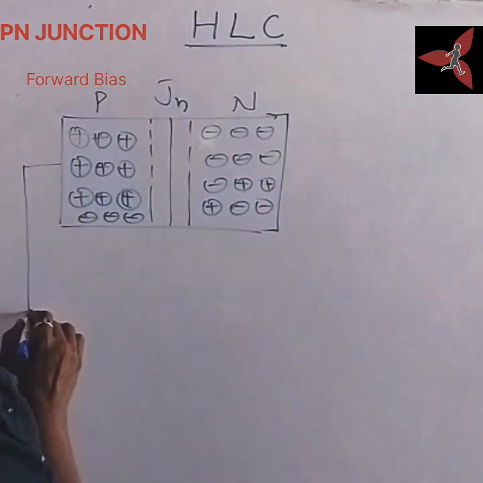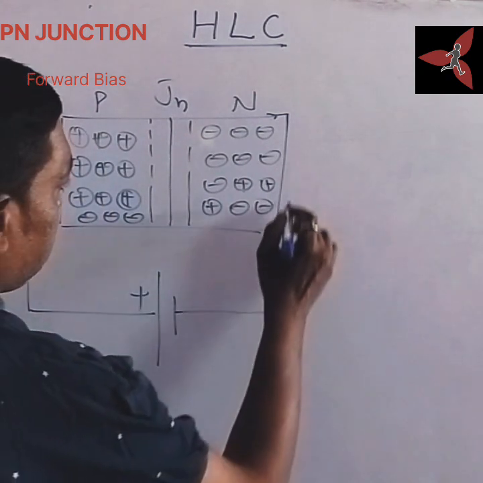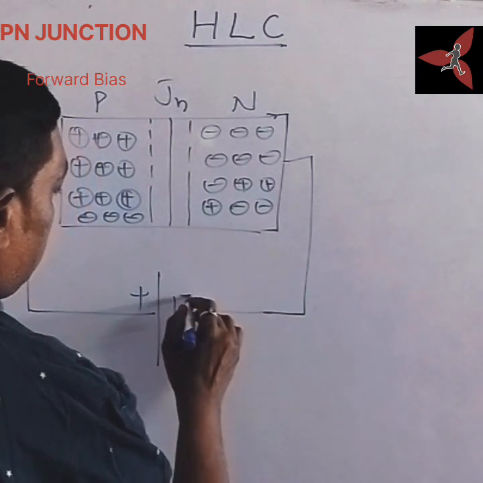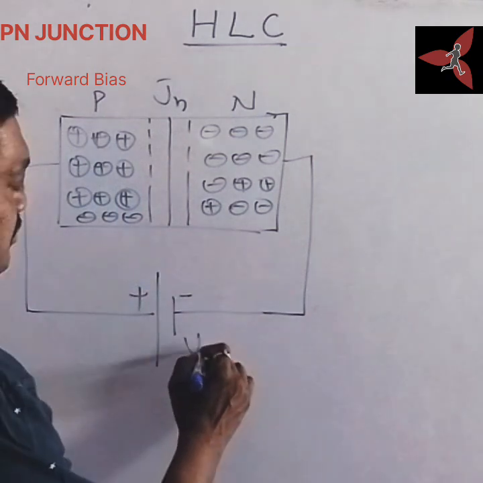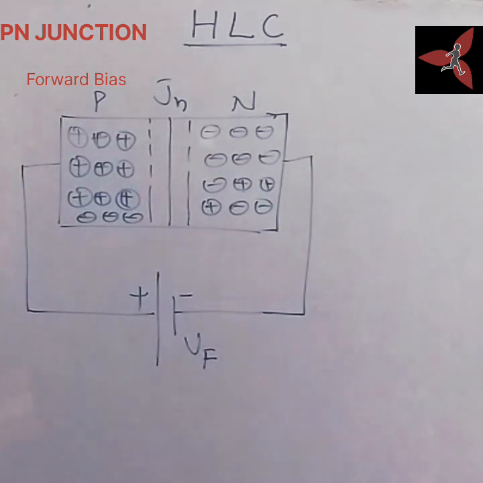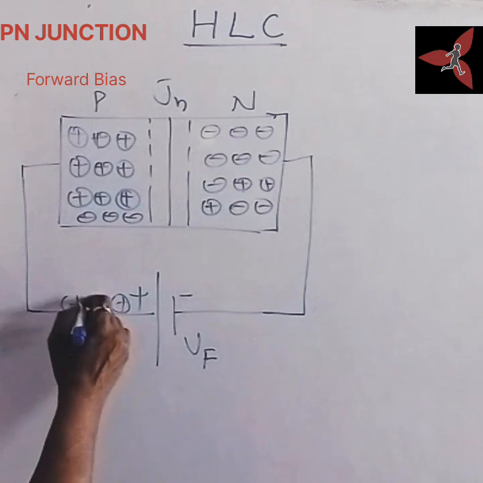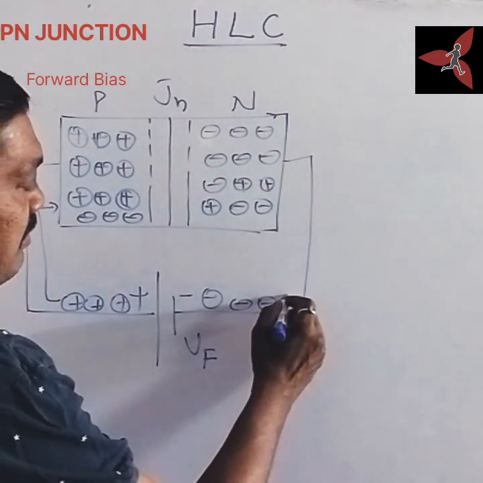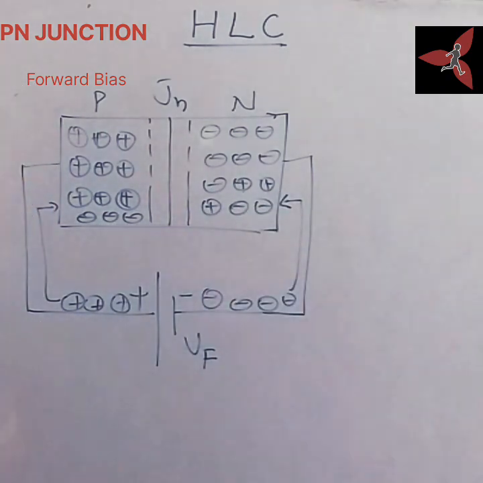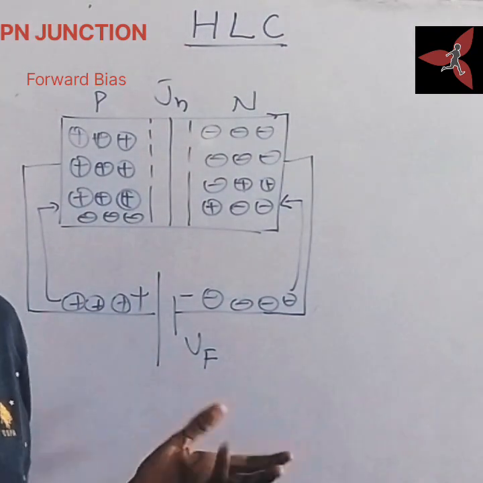Now I am applying the positive external supply to p-type and the negative supply to n-type. This is forward bias voltage. From the positive terminal there will be a supply of holes into p-type material, and from the negative terminal a supply of electrons to n-type material. This is a brief version, a simple way to understand.